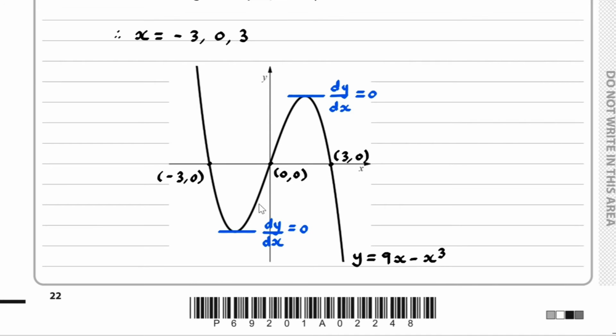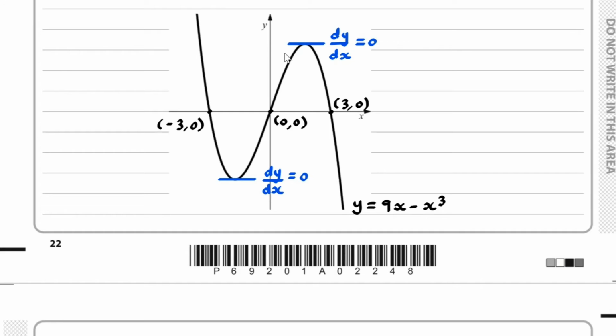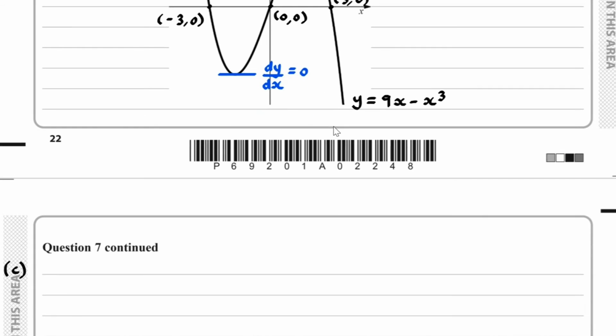And so in between these values is where y equals k would intersect the curve C at 3 distinct points. So what we need to do before anything else is actually find out what dy over dx is, to find out the coordinates of the stationary points.